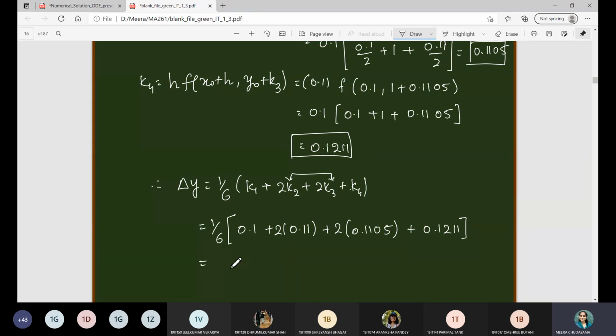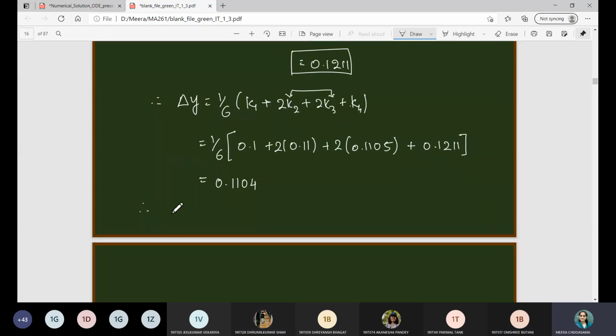So this one will be the increment. Compute it. 0.1104. 04 or 03? 04.